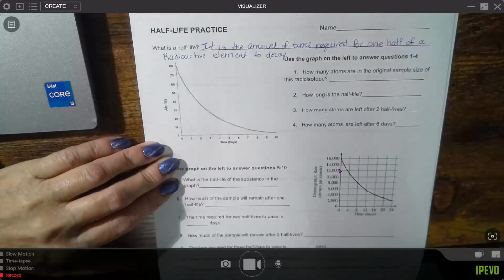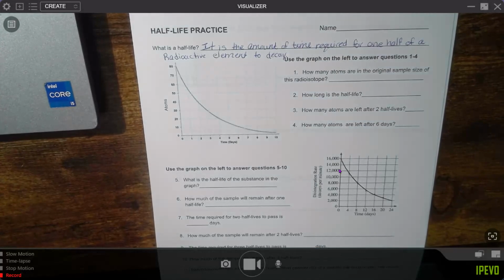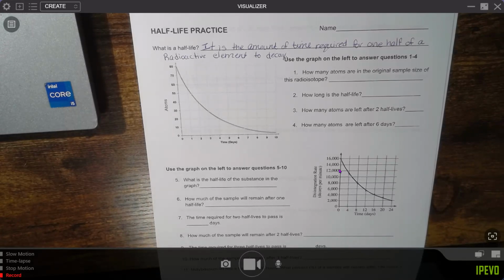Okay, so basically what we're saying is if you have 100 grams of a radioactive substance, after a certain amount of time it undergoes decay, and when it gets down to 50 grams, that's half of 100, that whatever time that is would be the half-life.